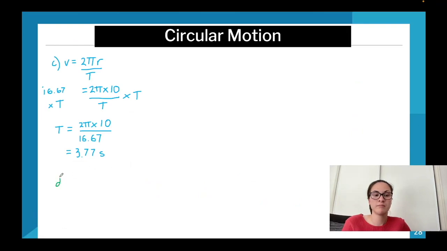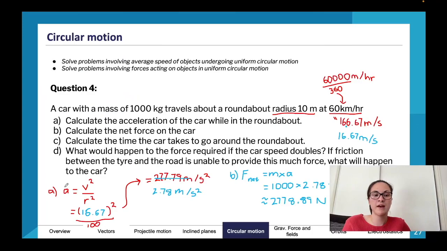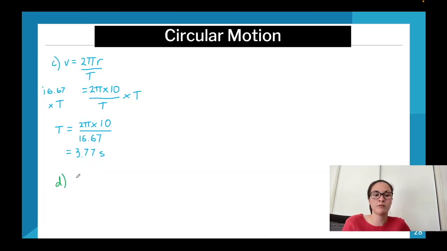So D, and that formula was a is equal to v squared over r squared.